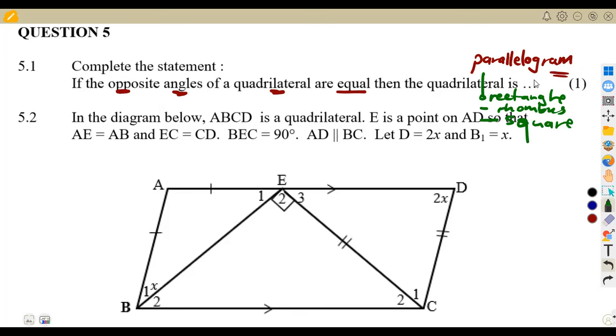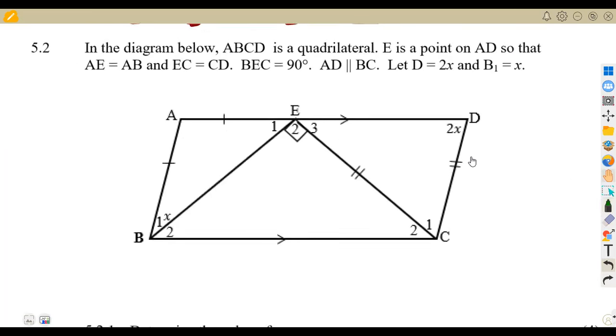All these are taken from a parallelogram. So the parallelogram is the mother quadrilateral of these quadrilaterals. Instead of writing a square or a rectangle, we just have it as a parallelogram. Okay, I hope you understand.